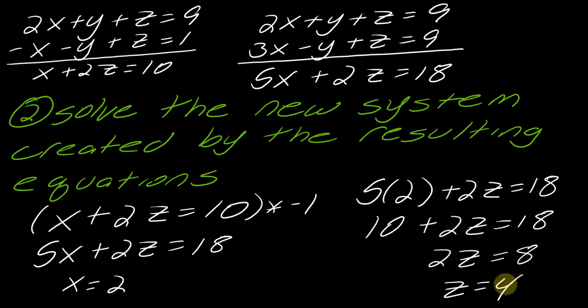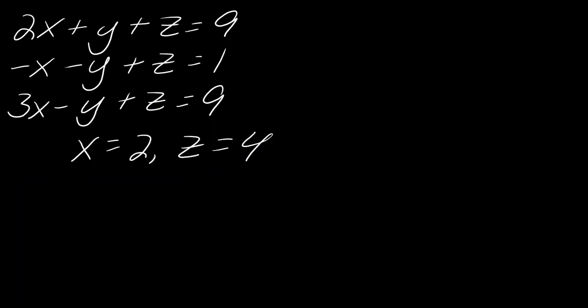So let's go back to that original system with those 2 solutions. This is where we started. We solved the new system and found x equals 2 and z equals 4. So what do I have left to solve for? I just have to solve for y, and I can refer back to any one of these equations to do that. I'll use the first equation.